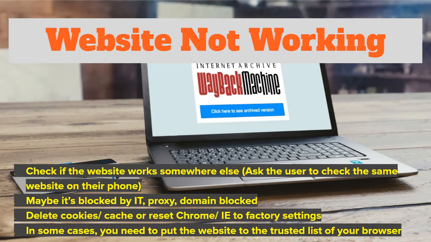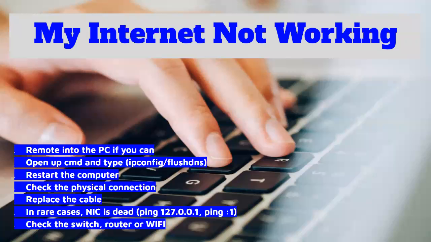It could happen because of that. We'll check on that. Also, we will try to delete the cookies and cache and reset Chrome. We might finally do a factory reset of the browser. In some cases, you might need to allow a website which you trust on your computer.